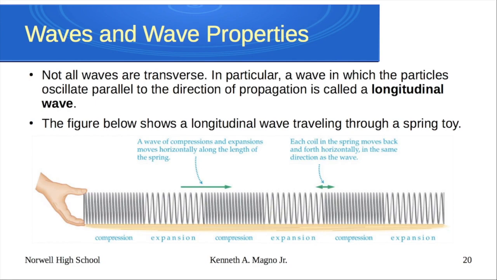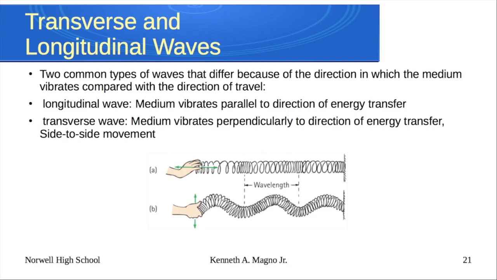The particles don't travel along with the wave; they're still just moving back and forth and back and forth. They're oscillating, but in the same direction as the motion. A side-by-side comparison: in a longitudinal wave, the medium vibrates parallel to the direction of the energy transfer. In a transverse wave, the medium vibrates perpendicularly to the direction of the energy transfer.